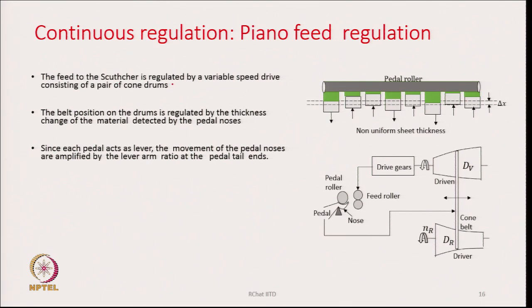The feed to the scratcher is regulated by the variable speed drive, which consists of cone drums. Now, you see there are two drums, these two are cone drums, there is a driver drum and there is a driven drum, and on the driven drum there is a set of gears which is driving a feed roller pair, and before that we have a pedal roller and the pedal with a nose here, and here is the fulcrum.